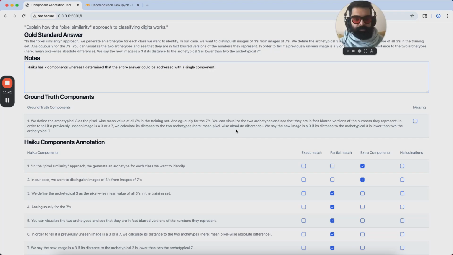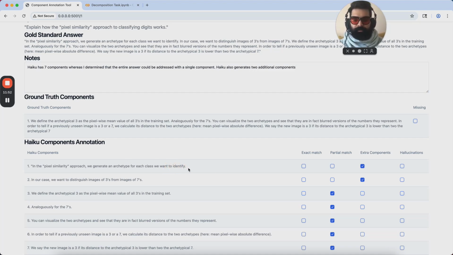Also, Haiku also generates 2 additional components.